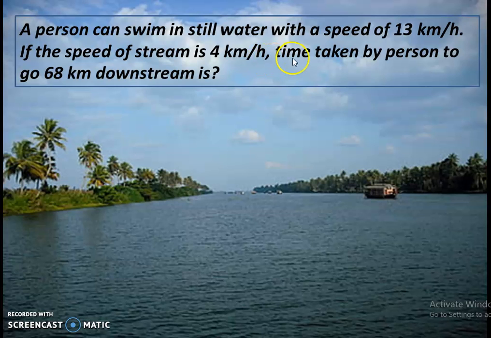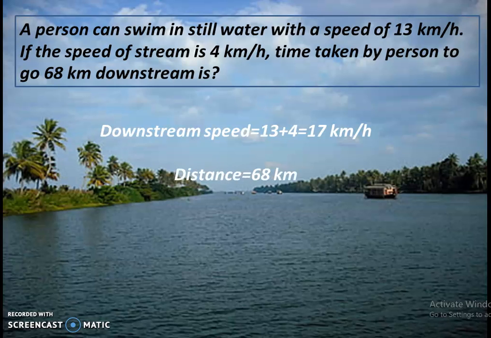We need to calculate the time taken by the person to go 68 km downstream. So we can calculate downstream speed by adding 13 and 4. So we get downstream speed 17 km per hour. Now the person needs to go 68 km, so distance is also given, that is 68.